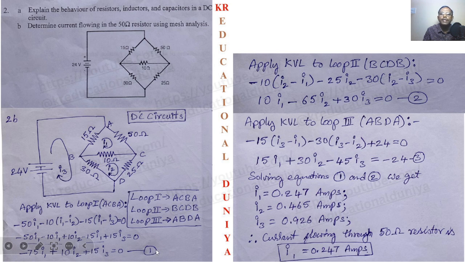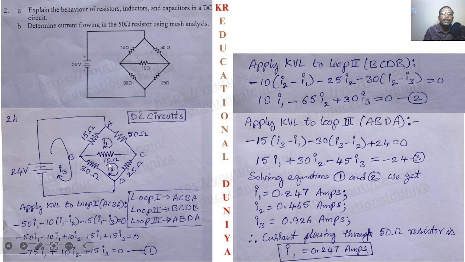After that I am applying KVL for mesh B, C, D, B. So from B I am starting. Wherever the resistance is there, we start from minus, and the ending point is plus. So minus 10 I2. Now we are writing the I2 loop, so I2 is the main current.